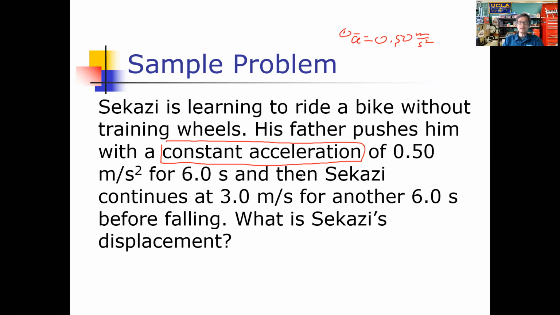Then once the push is done and there's no more acceleration, the object Sikazi continues to move at a constant rate of 3 meters per second. So there is a constant velocity of 3 meters per second.